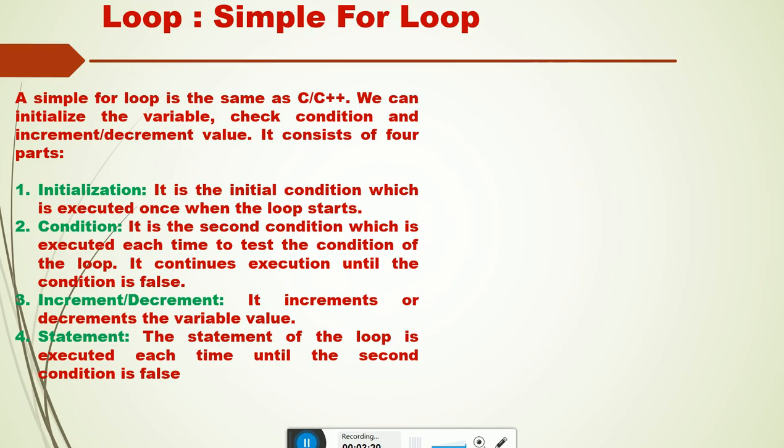Initialization is the initial condition, which executes once when the loop starts. It means in the initialization you set where the loop will start, and the first time it will check for execution. Then the condition, which executes each time to test the condition of the loop. It continues execution until the condition is false.